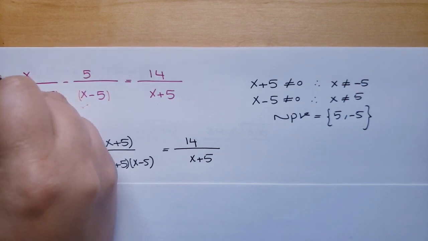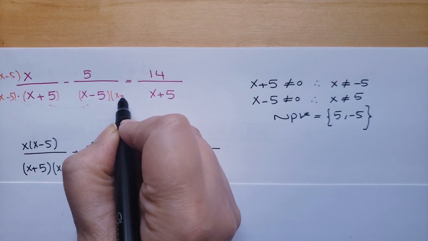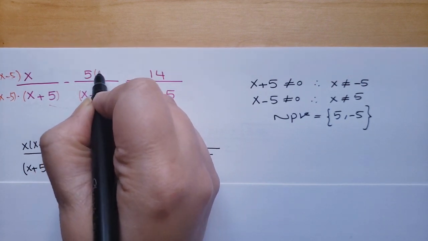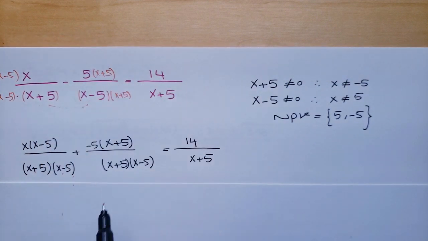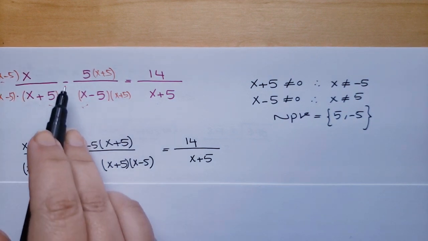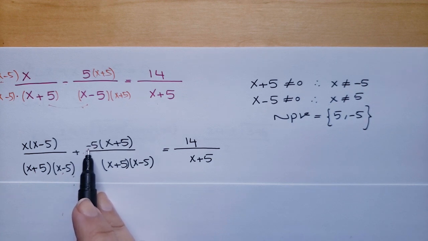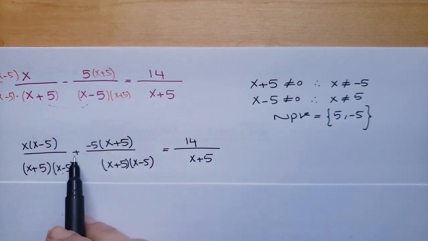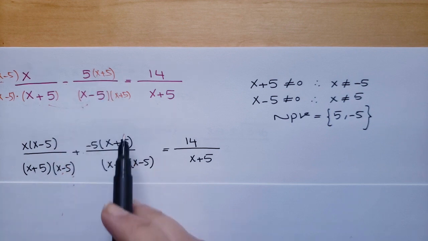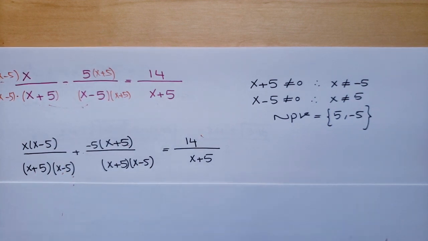The same thing should be done here, and this is multiplied by x plus 5. So I add x plus 5 here, right? This is what I did. x minus 5, negative, so I transferred the negative to 5. So negative 5, x plus 5. Okay, on this side, I didn't do anything.